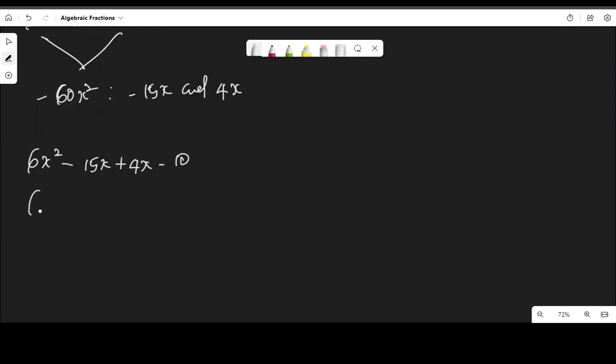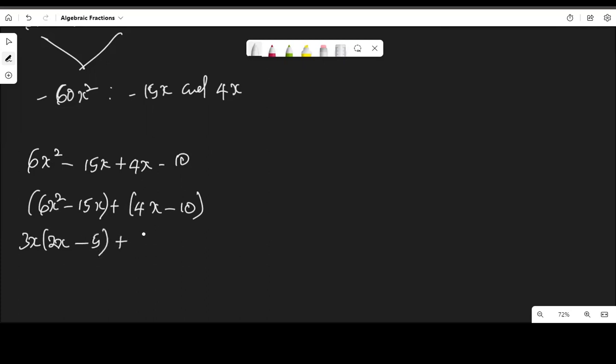Now if I group this two by two, I have 6s squared minus 15s, then plus 4s minus 10. In this first bracket, 3s is common. I have 3s into 6s squared divided by 3s is 2s. Now 15s divided by 3s is 5.